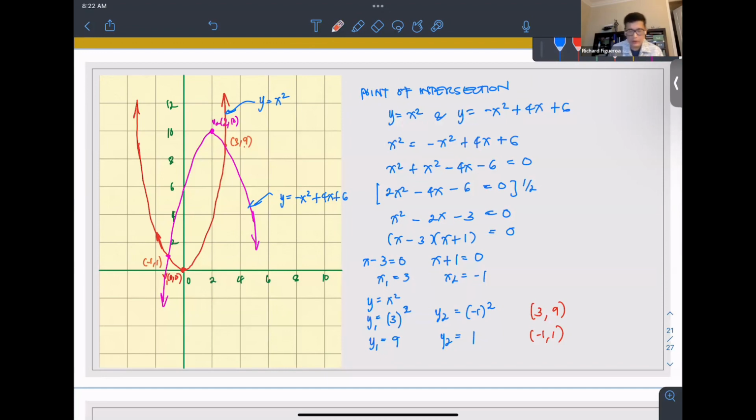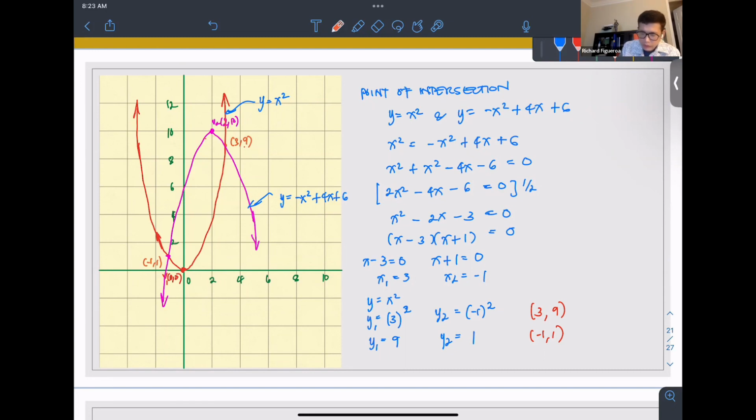Again, the horizontal strip is not possible to use because if I draw a horizontal strip there, the left and right of the strip touch the pink curve. So it won't be possible to use that one.